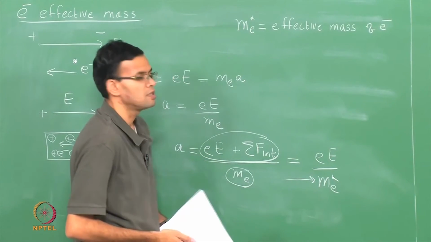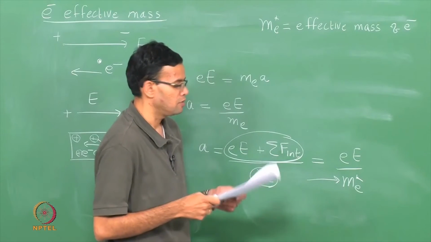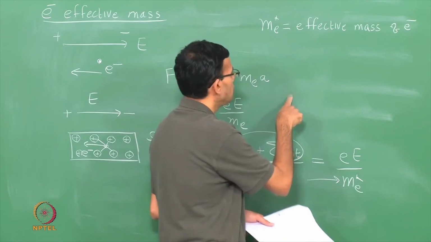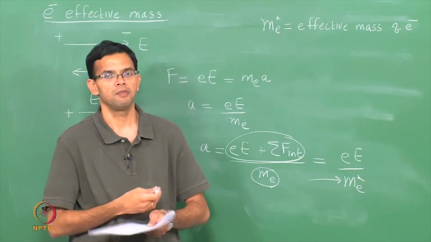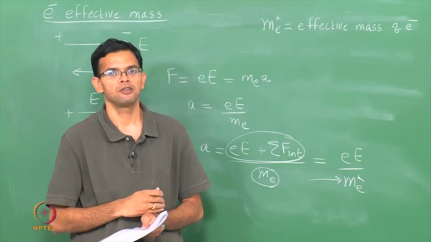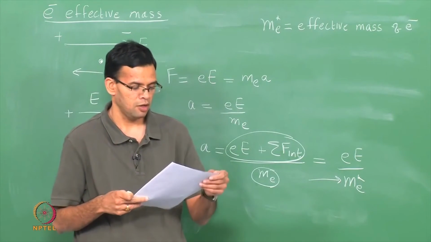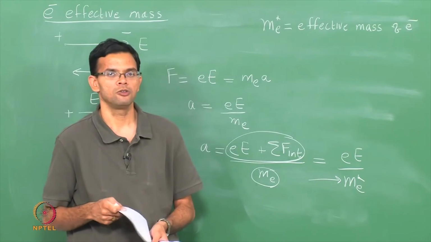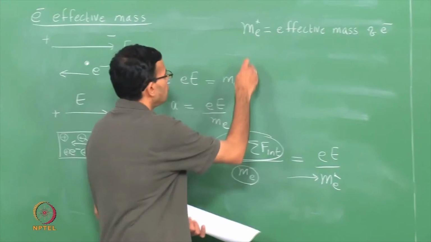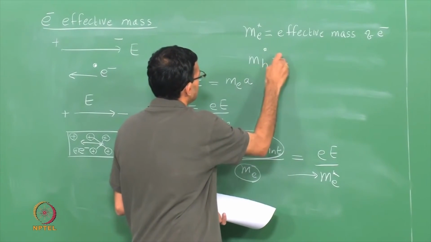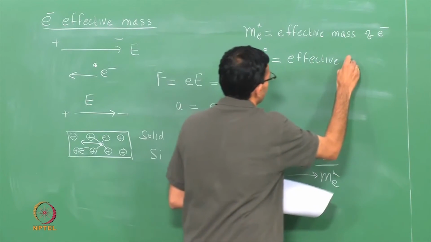So, this represents the effect of all the atoms in the solid on the movement of the electron. It is important to note that there is no change in the actual mass of the electron. We are not changing the mass, we are only replacing the effect of the solid by using another term called me star. What is true for electrons is also true for holes, because a hole is nothing but the absence of an electron. So, we also have a term called mh star, which we call the effective mass of the hole.